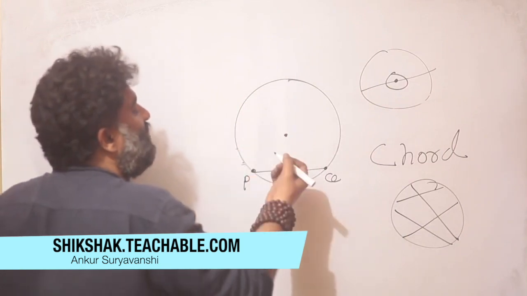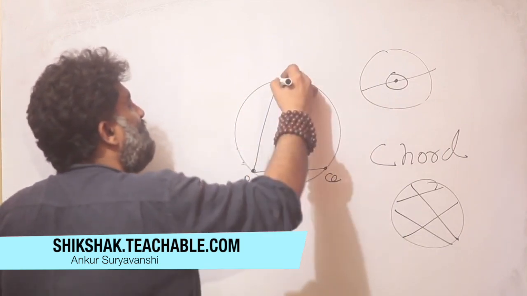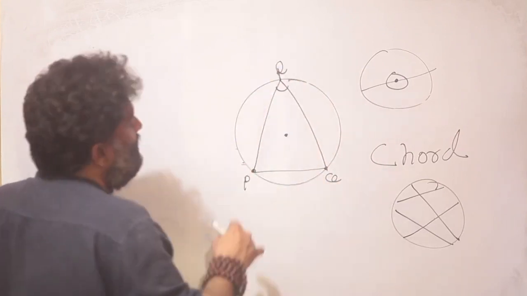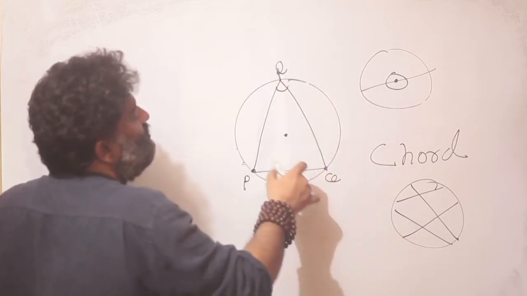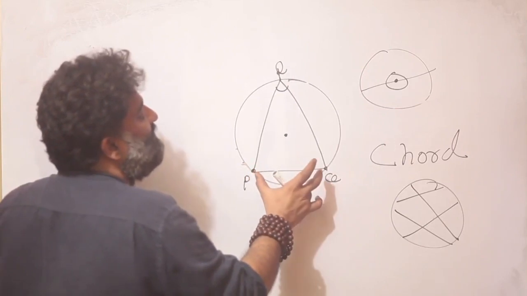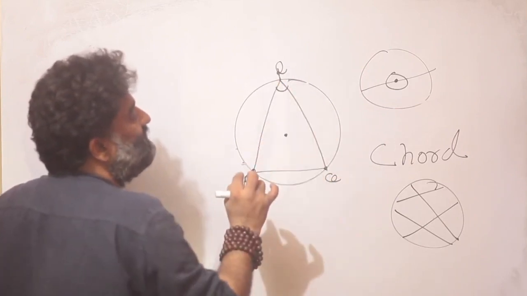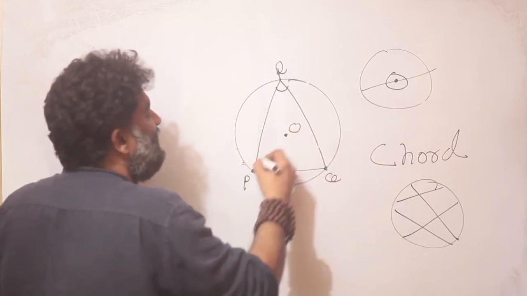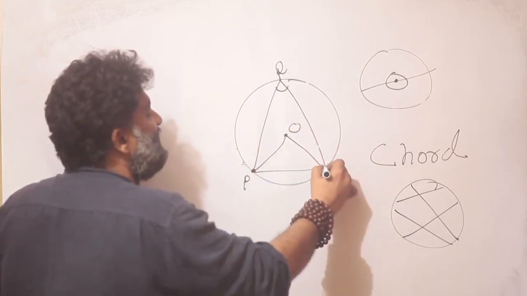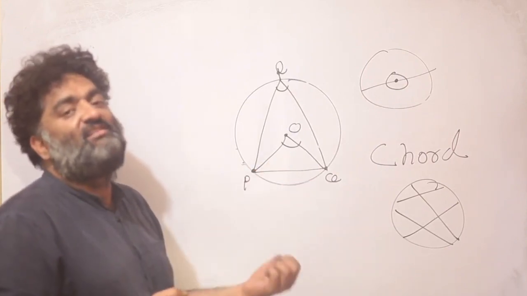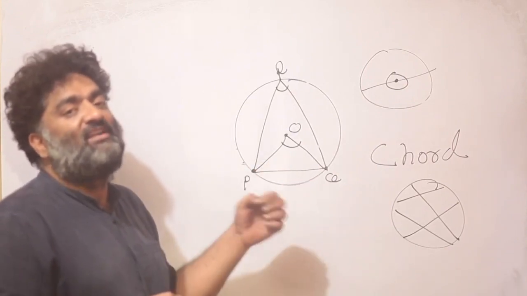And thinking of chords, I can think of the chord creating an angle, let's say with another given point. So angle PRQ is the angle subtended by the chord PQ at point R on the circle. I can similarly create another angle at the center. Angle POQ will be known as the angle subtended by the chord at the center.